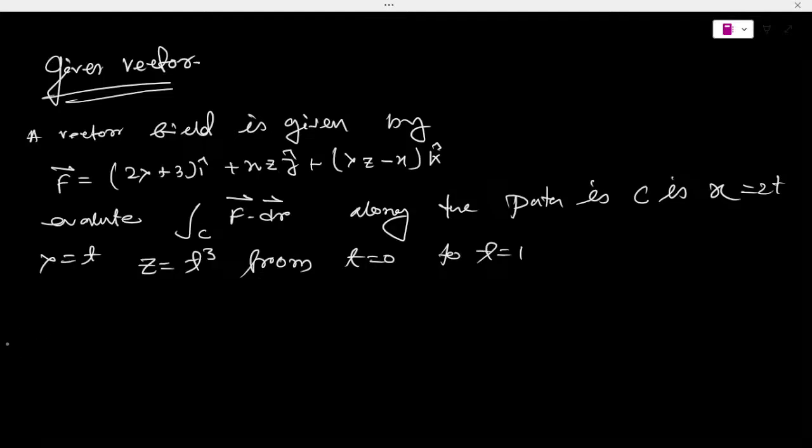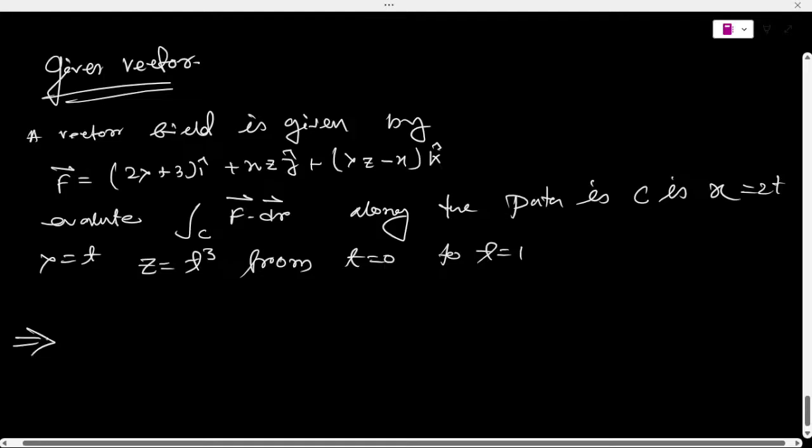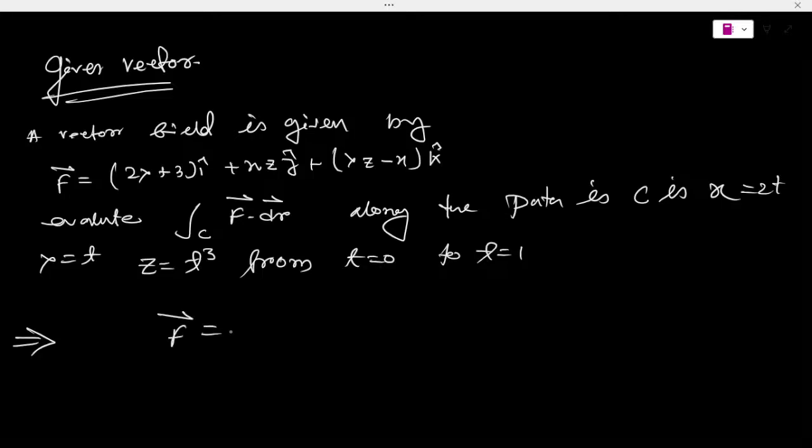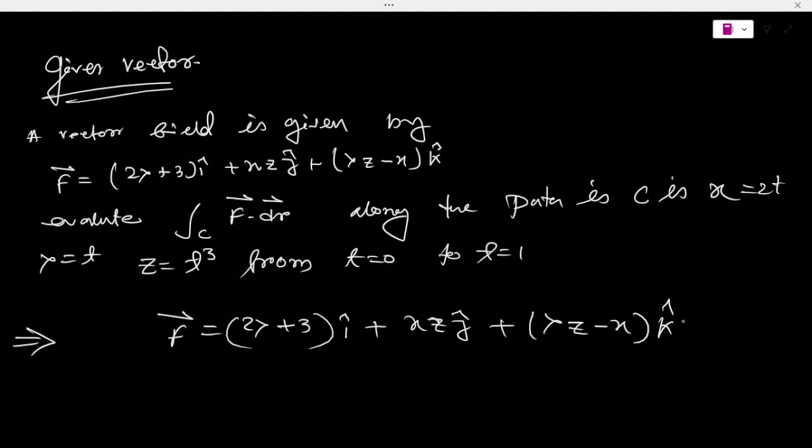So, solution. The question asks, there is a given vector field, and the vector field is (2y plus 3) i cap plus x z j cap plus (y z minus x) k cap.